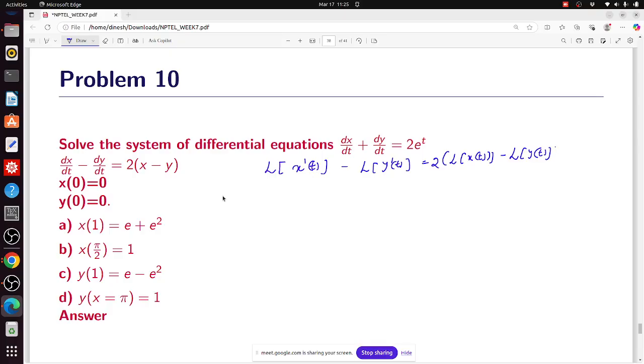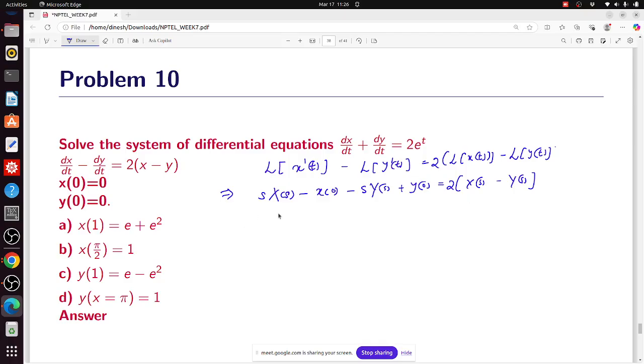So implementing the formula for Laplace transform of derivatives, we'll get s X(s) minus x(0) minus s Y(s) plus y(0) is equal to 2 into X(s) minus Y(s).